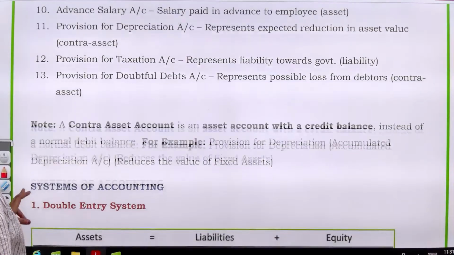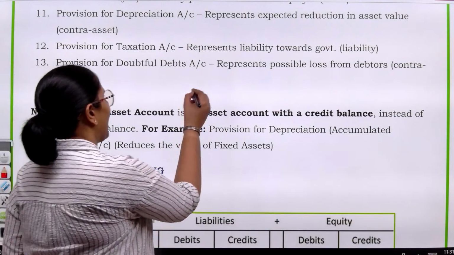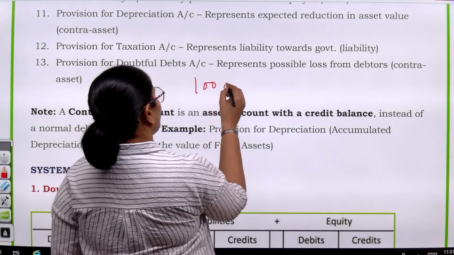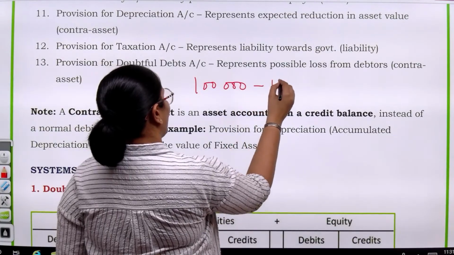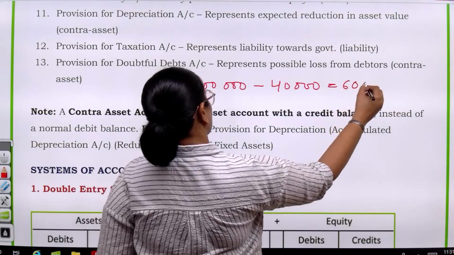Fine. Now what is a contra asset? Just मैंने यहाँ पे डाल दिया है, a contra asset account is an asset account with a credit balance. जैसे कि provision for depreciation, we know that if the asset is 1 lakh, provision for depreciation is 40,000, that means asset value is 60,000, right?